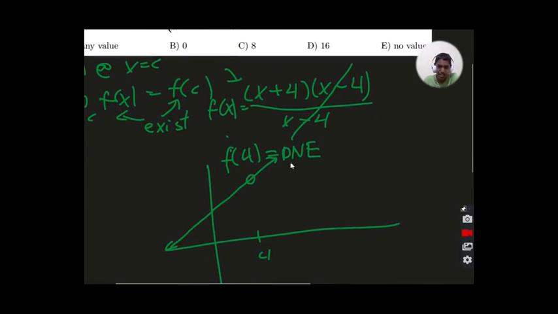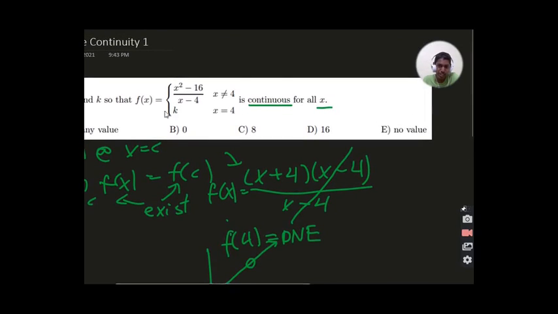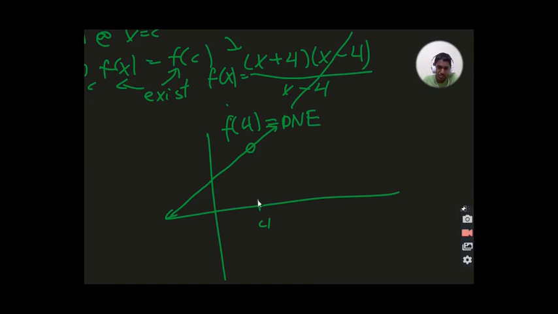So, okay, but this isn't really f of x. This is f of x for everything but 4. But luckily for us, they've given us a special y value of k. So we've got to place k in just the right position.